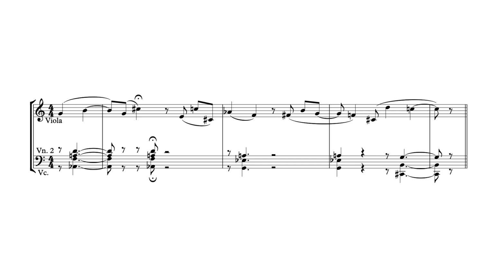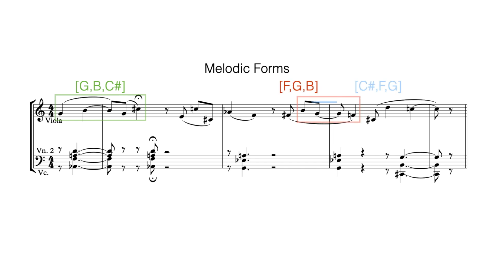In the whole passage, we can identify 3 melodic and 3 harmonic forms of 0, 2, 6. The melodic forms are the first 3 notes and the 2 inversionally related forms in the melody.